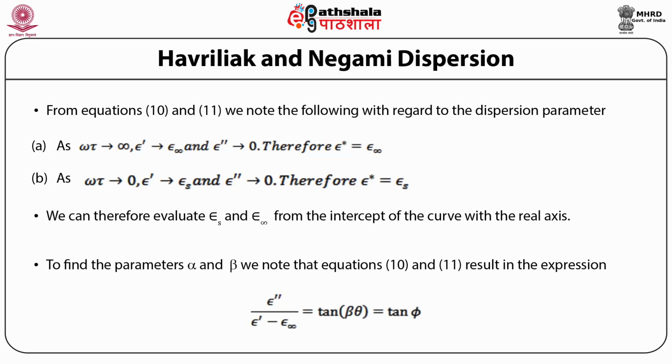To find the parameters alpha and beta, we note that equations 10 and 11 result in the expression epsilon double prime divided by (epsilon prime minus epsilon infinity) is equal to tan beta theta, which is equal to tan alpha, tan phi.